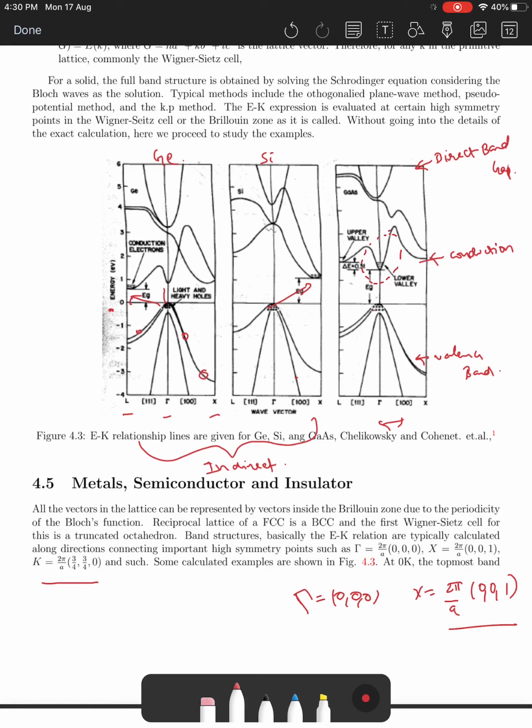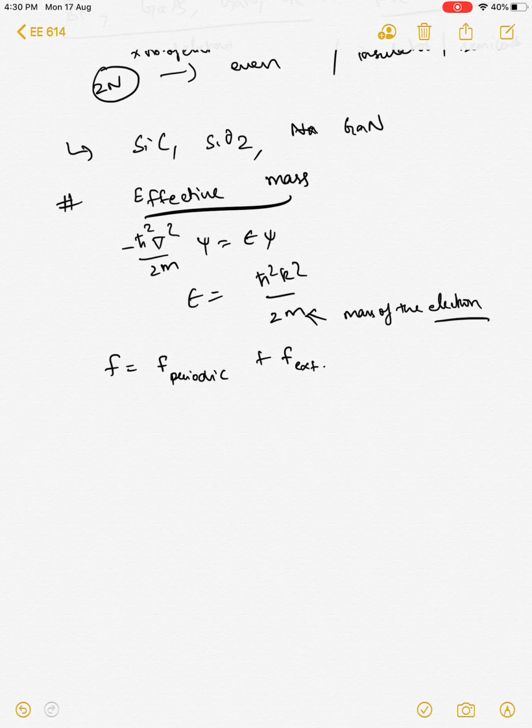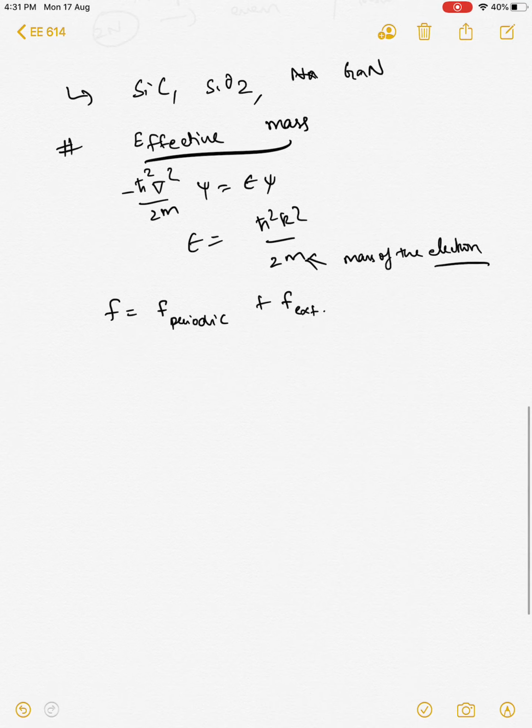Right? So the easiest way to handle a non-free electron is to say that it acts almost like a free electron, right, with a mass which is slightly different. So what they did was to define something called an effective mass. An effective mass was defined as h bar square by d square E by dk square.